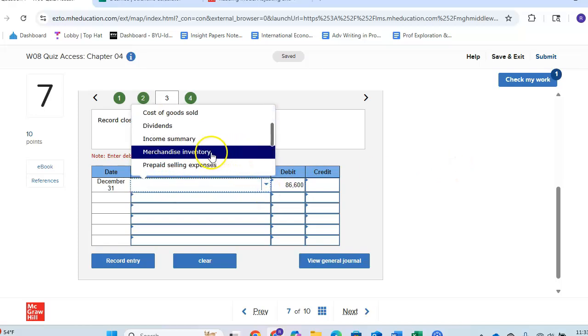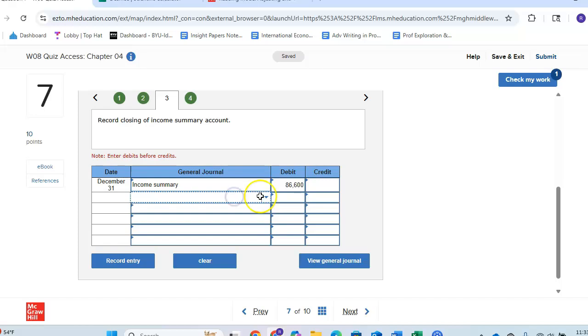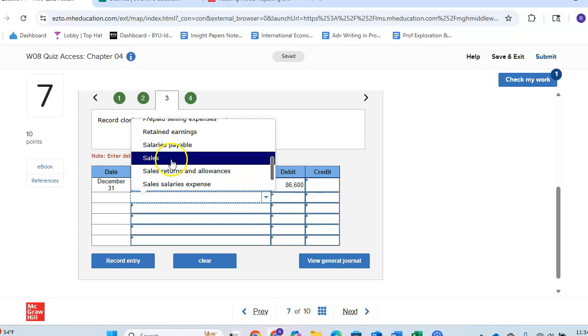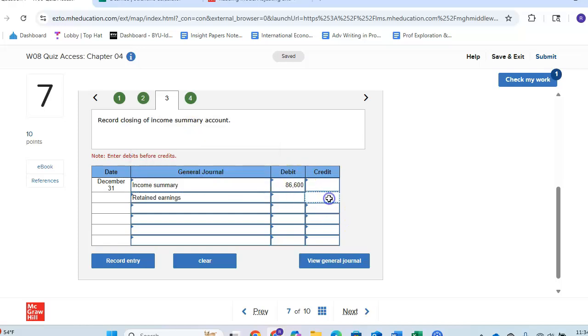We're going to debit the income summary account for 86,600, and then credit the retained earnings account for the same amount.